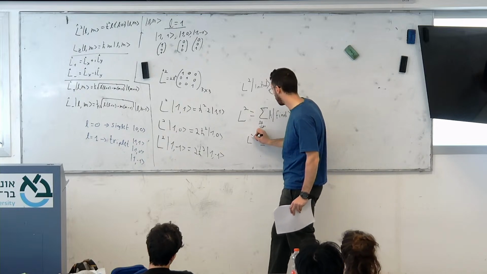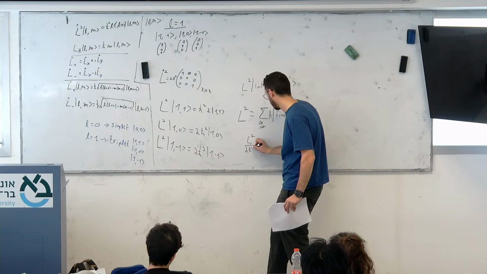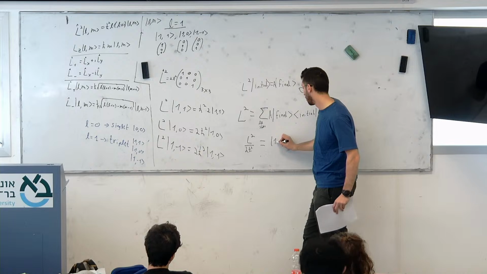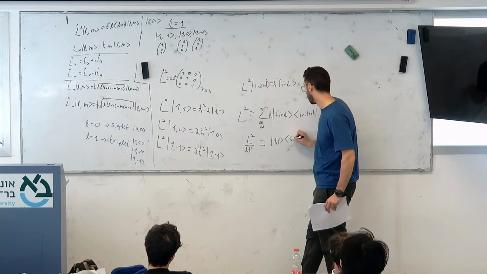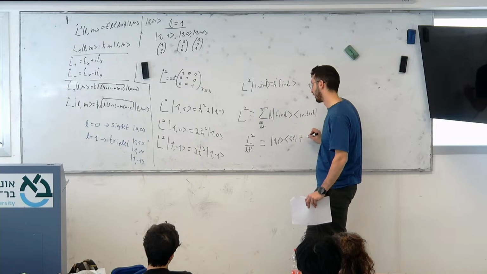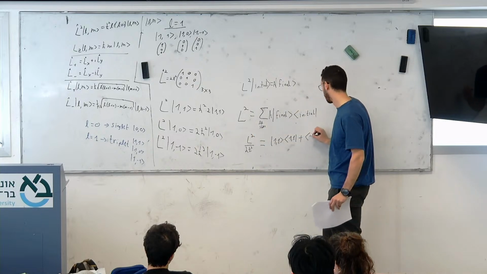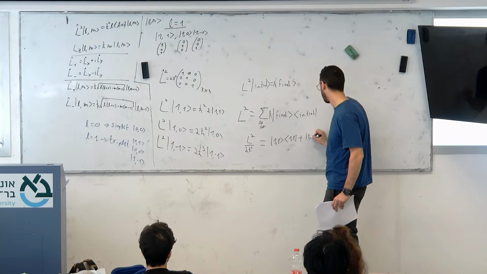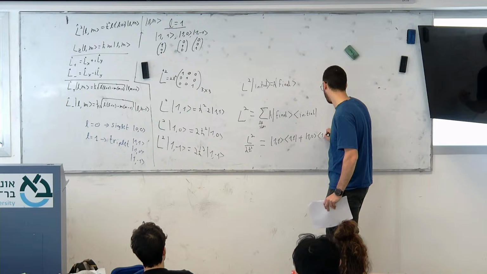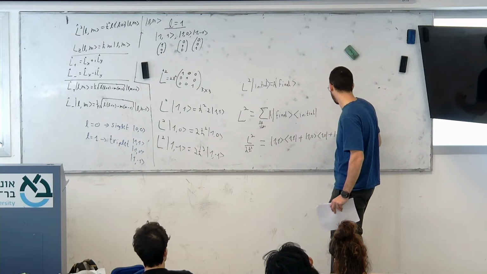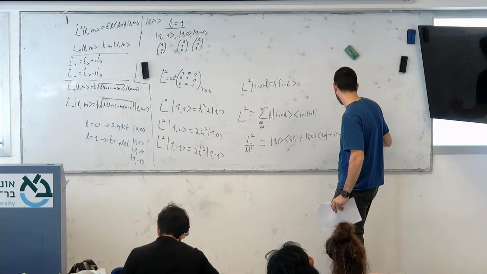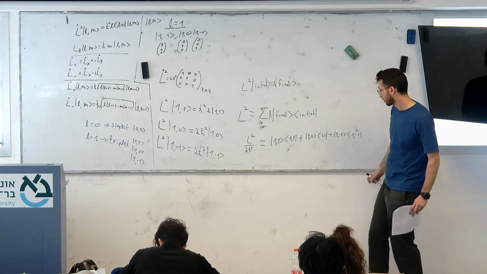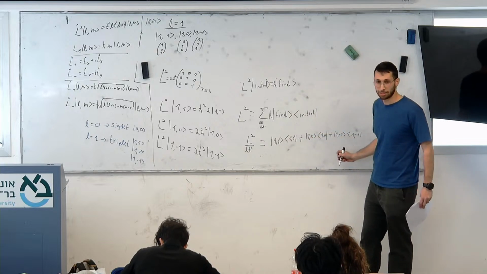Let's say L squared over 2 h bar squared, just to take it outside. From here I'm going to get 1, 1, 1, 1 plus, from here I'm going to get 1, 0, 1, 0, plus 1, minus 1, 1, minus 1.